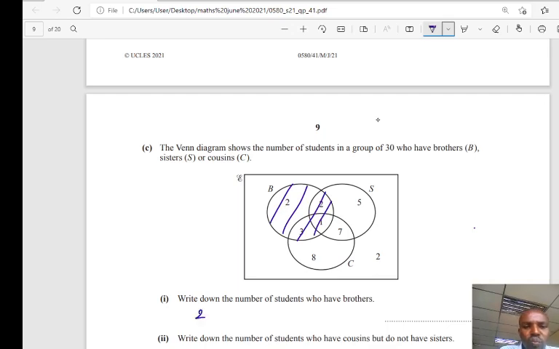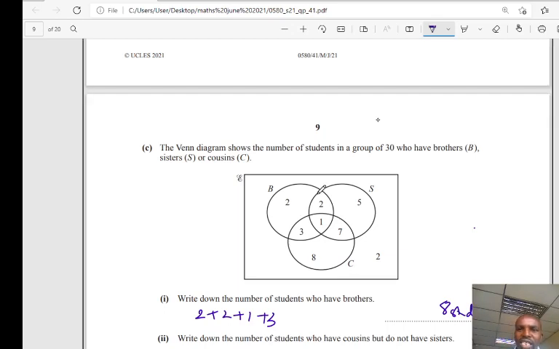So it will be 2 plus 2 plus 1 plus 3. 2 plus 2 is 4, plus 1 is 5, plus 3 is 8. Put units. These are students, right? Don't just write 8. These are 8 students. So write students there.